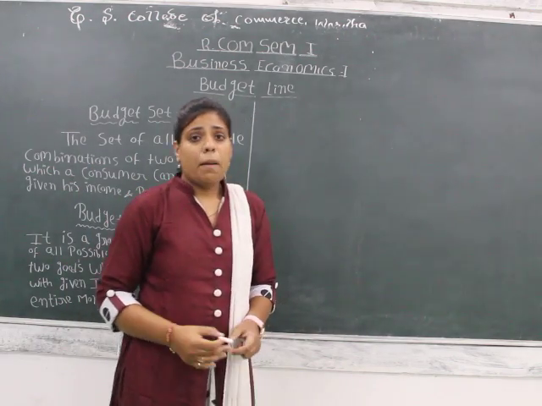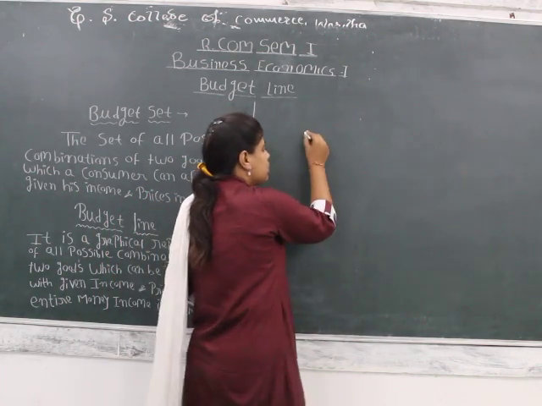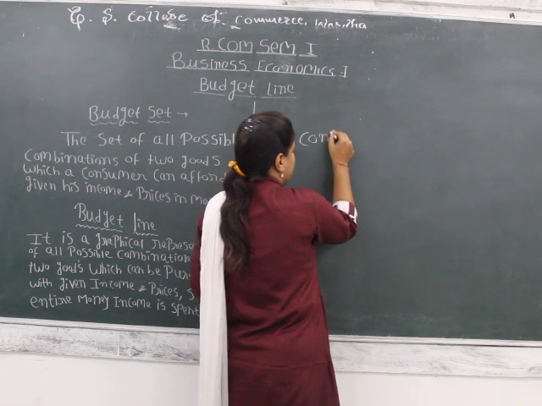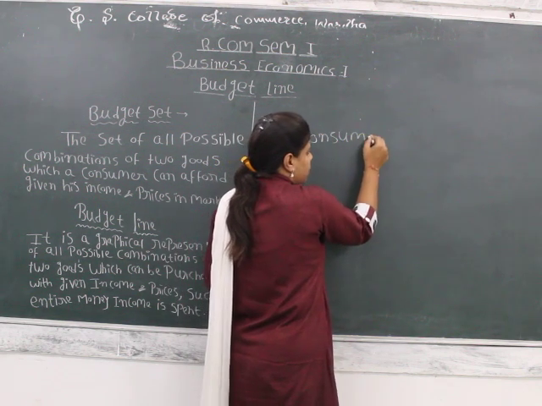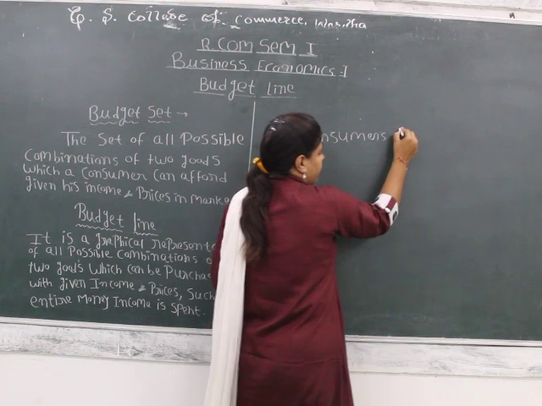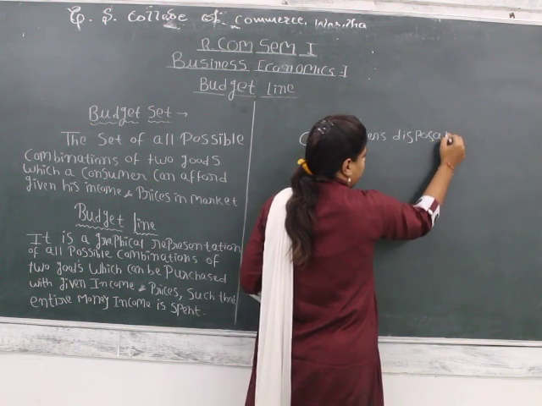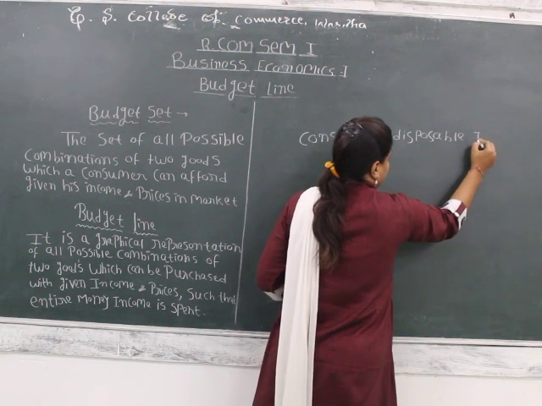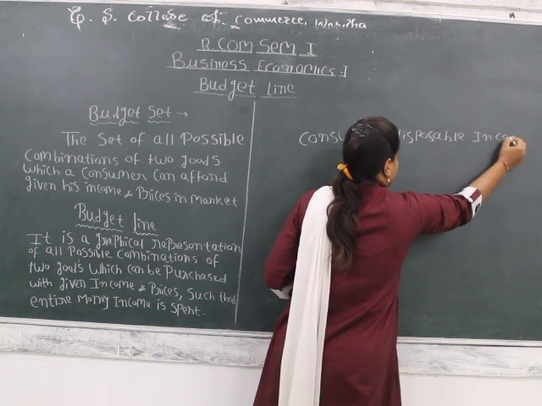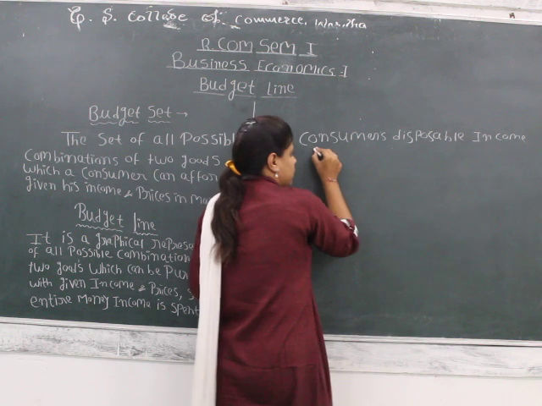So now we will discuss what the budget actually is in terms of economics. In economics, budget means the consumer's disposable income. Consumer's disposable income, or consumer's money income, is known as budget in economics.